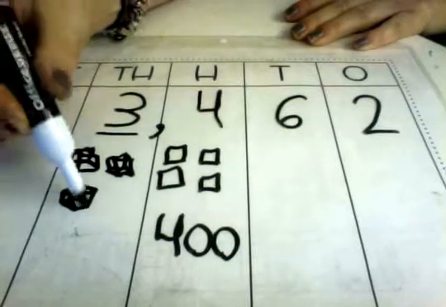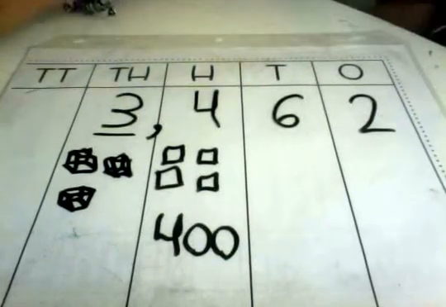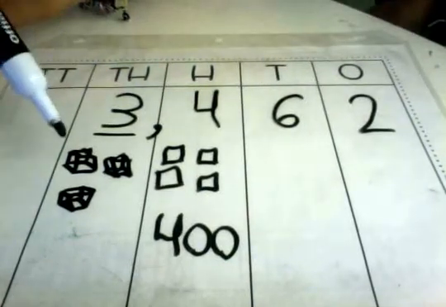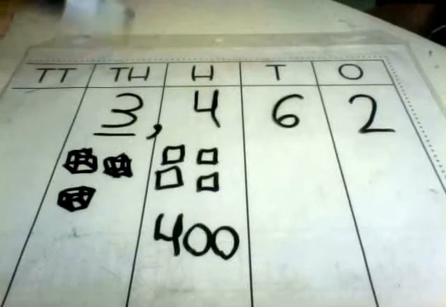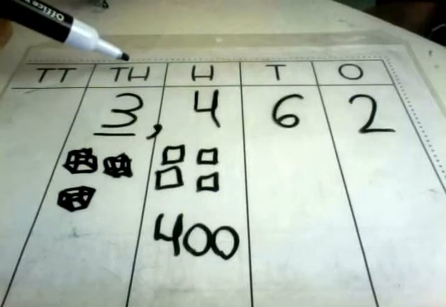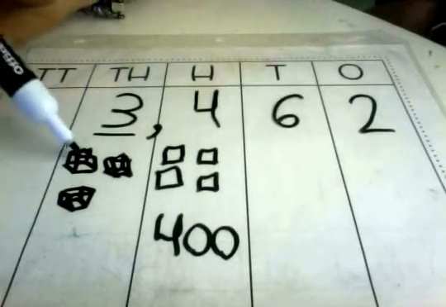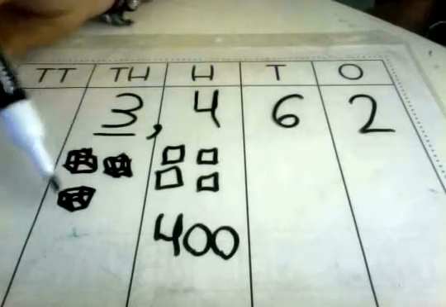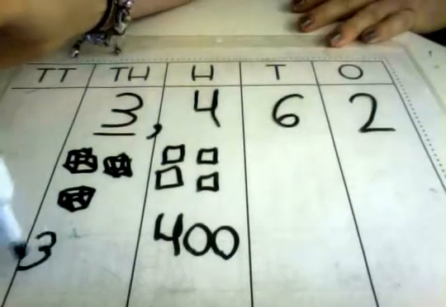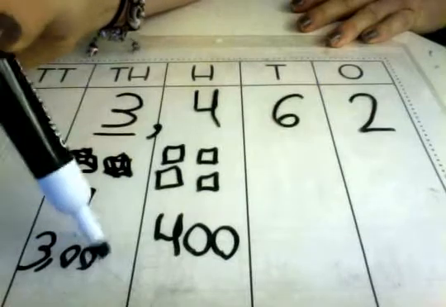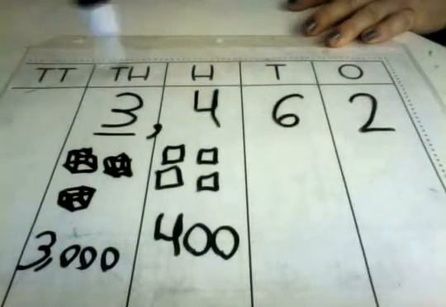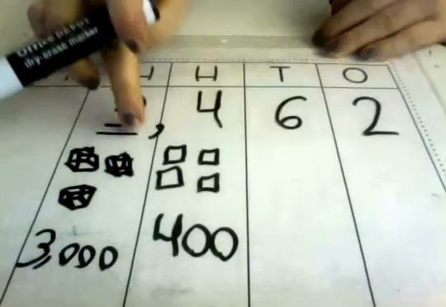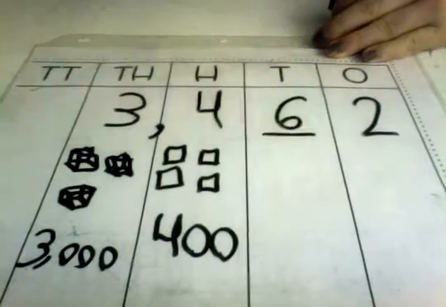I know I'm going fast, but you can go fast too. Let's go ahead and count these out. So now because we're in the thousands place, we count by what? Thousands. 1,000, 2,000, 3,000. So here that 3 really has a value of 3,000 because it's in the thousands place value.